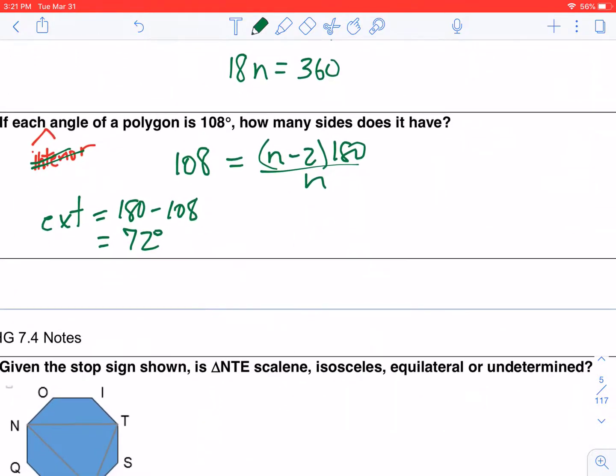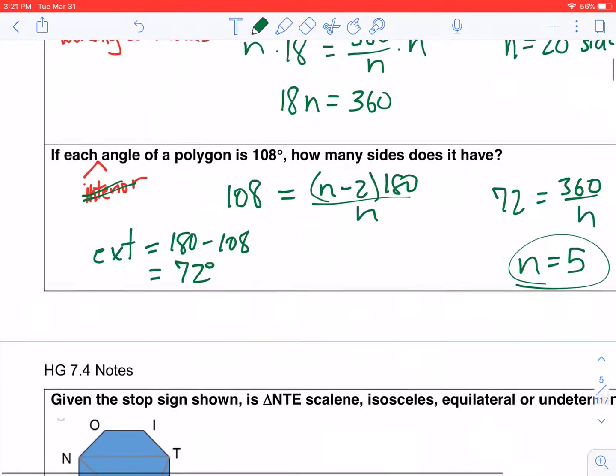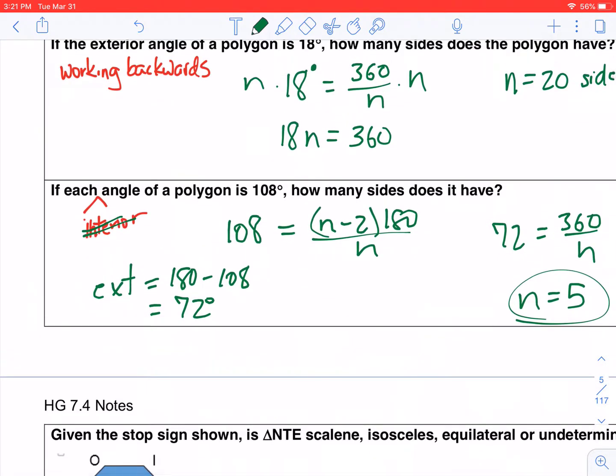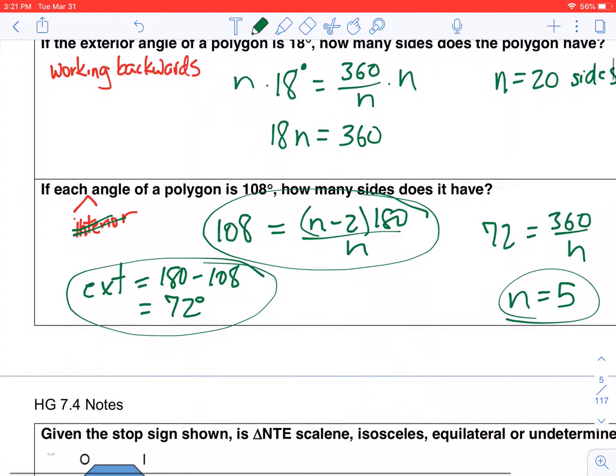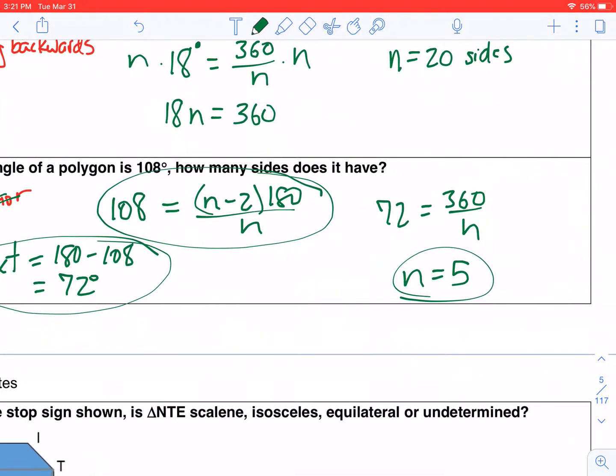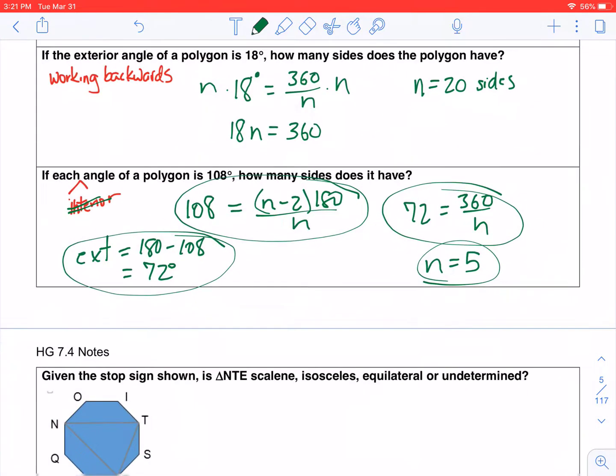But if not, you just keep going: 72 degrees is equal to 360 over n. Solve that and you'll get n equals 5. Okay? So again, you can work on it directly, or work the backdoor technique and work with the exterior angle. Make sure you find the supplement and then use the supplement theorem.